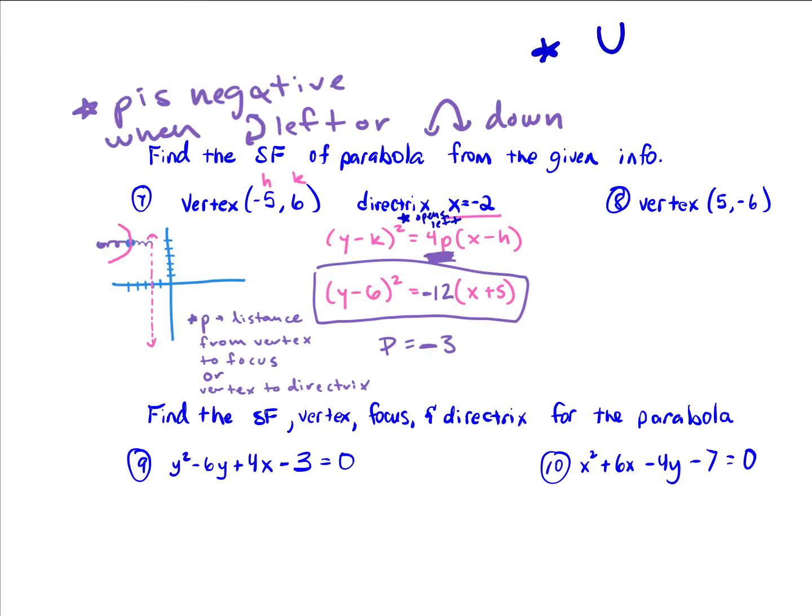If your parabola opens up or down, then the x is squared. If the parabola opens left or right, then the y is squared.